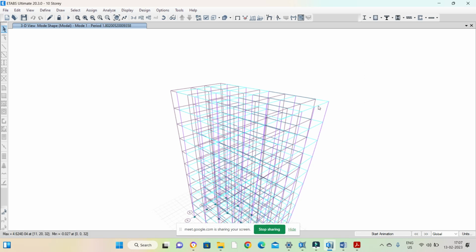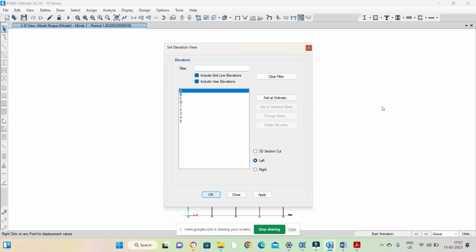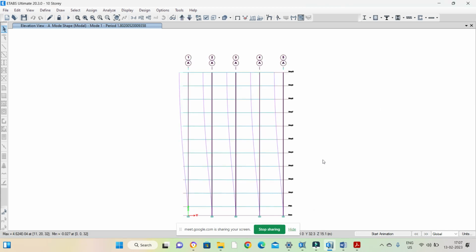This is the deformed structure, and this is the original structure. I think you will understand more from the elevation view, so let me pick one elevation view. As you can see here, it is y, and it is deformed in y direction. So should I consider this as y direction mode or x direction mode?